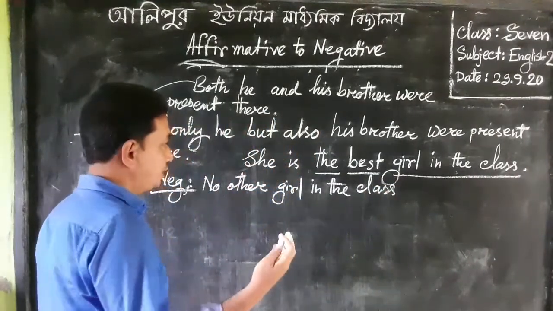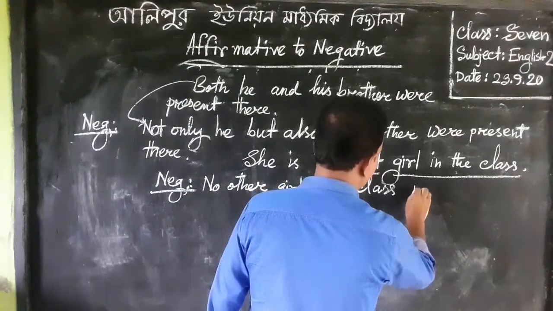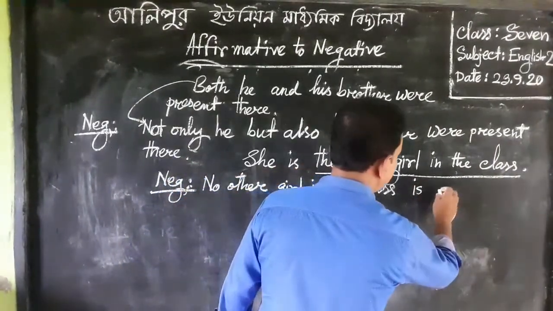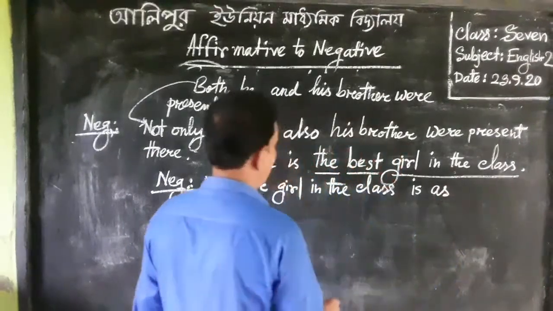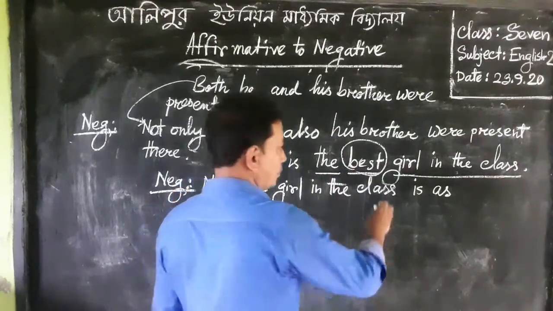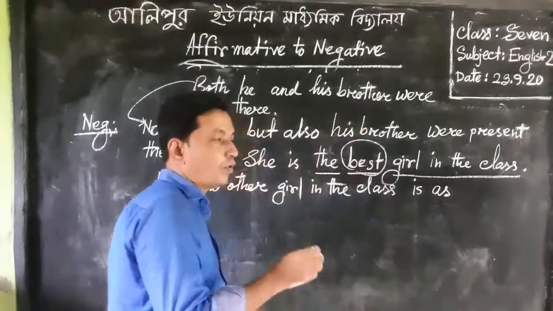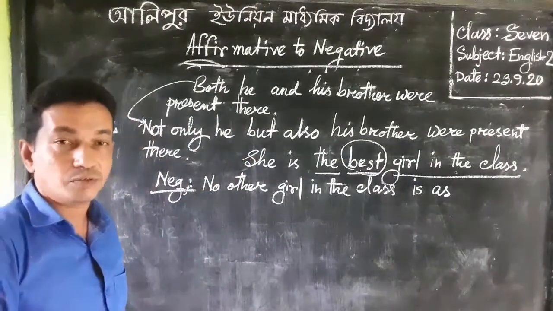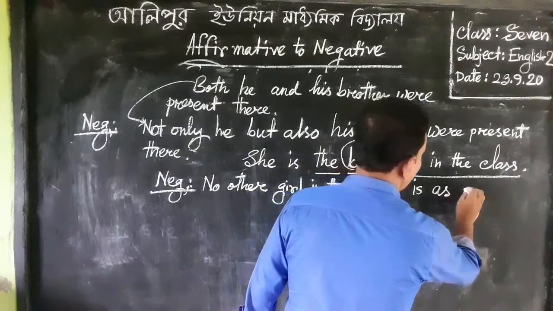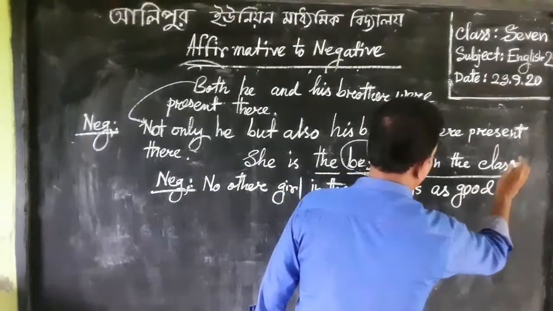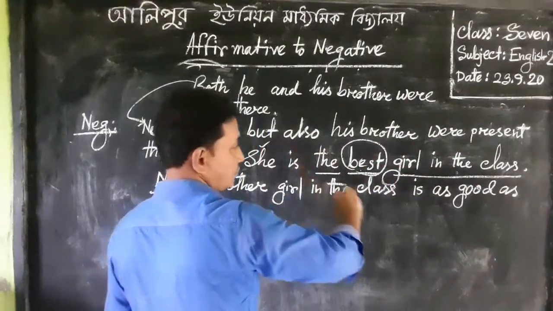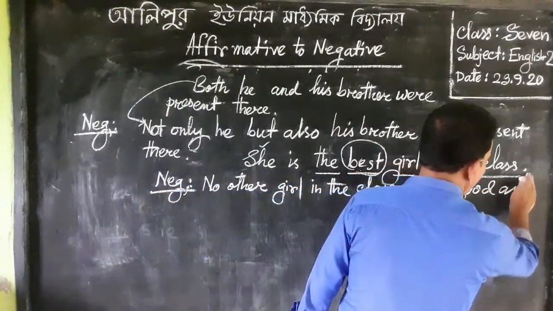Then we say "is", and then we use "as", and next the form of superlative can be changed into positive. Best is the superlative form, and its positive form is good (good, better, best), so we can say "good" right here. Then we write down the subject at the end position.